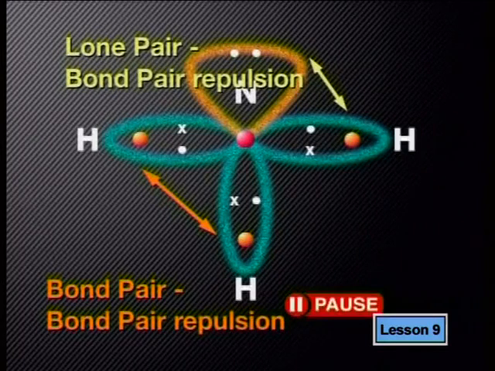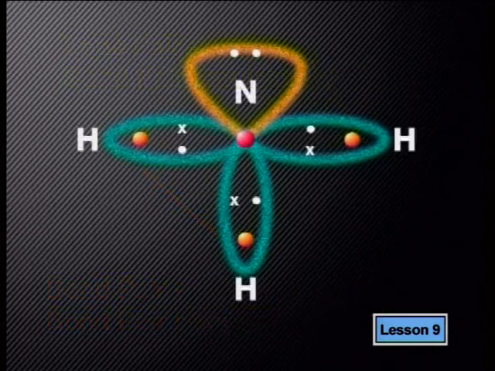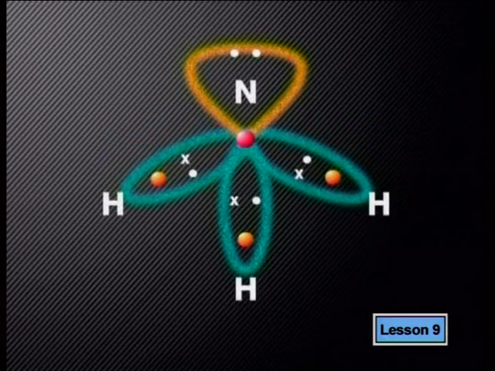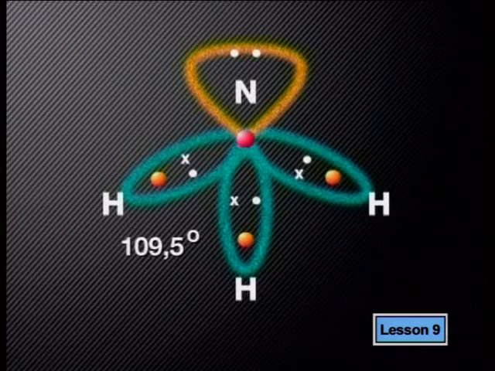So what effect does this have on the overall shape of the ammonia molecule? Well, the greater lone pair bond pair repulsion forces the bonding pairs together slightly. This reduces the bond angle between the HNH found in a tetrahedral from 109,5 degrees to 107 degrees.